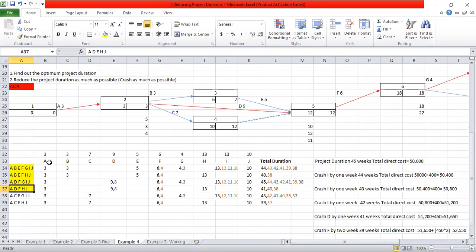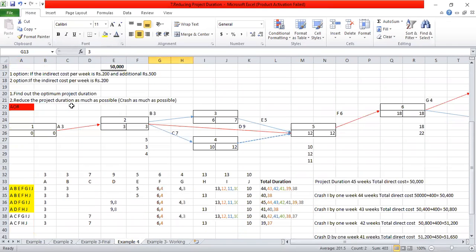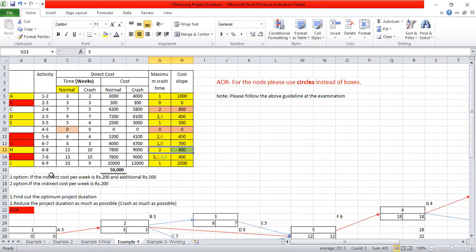A, B, E, F, H, J. H is also now critical, right? So all these paths are now critical. A, D, F, G, H already done. A, D, F, H, J. So except for this C activity, all these paths now become critical, right? So which activity are we going to crash now?